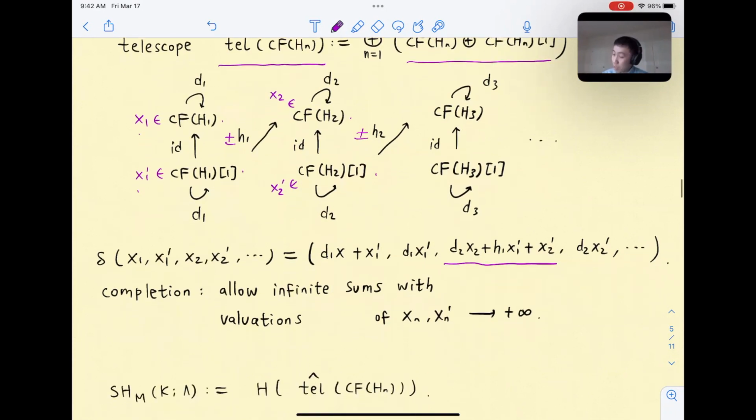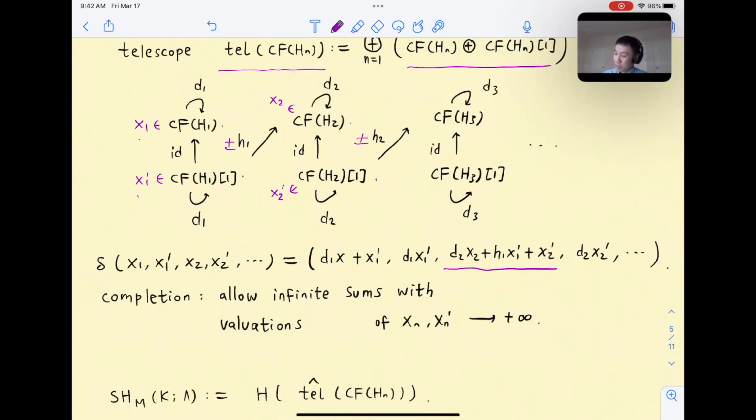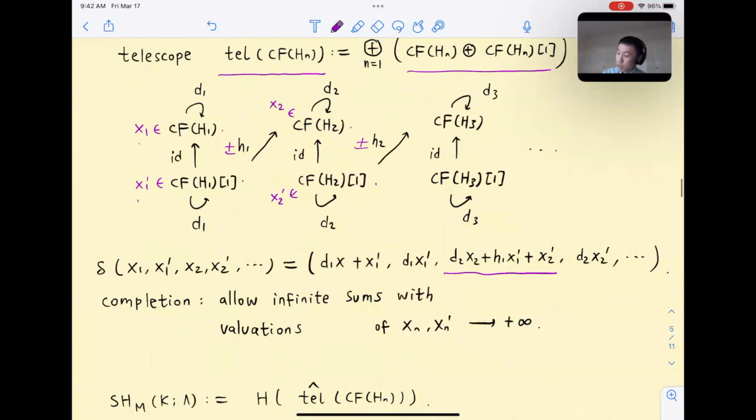So the completion is, again, nothing very fancy. It's just allowing infinite sums. Previously we have this direct sum, which only allows finite sums of combinations of orbit generators. Now we allow infinite sums like the sum of x_i times t to the lambda_i. But we need to require that those powers of t, the weights, go to infinity.